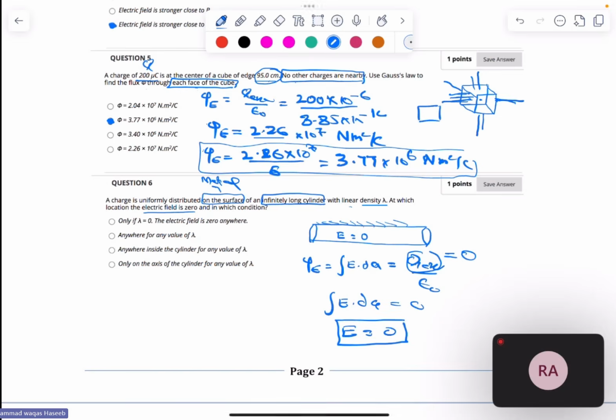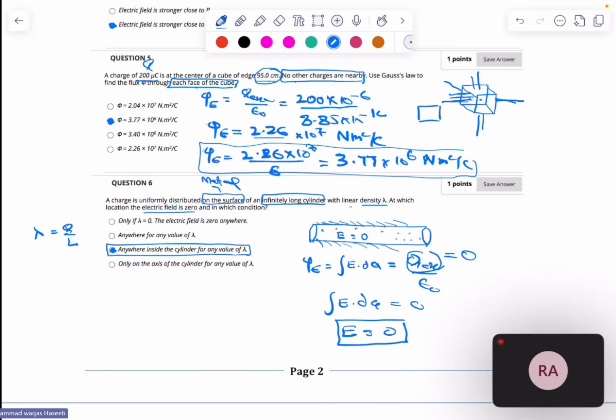So at which location is the electric field zero? The electric field anywhere inside the cylinder, for any value of lambda, because lambda is the linear charge density, the charge per unit length, which is on the surface only. So inside there is no charge, which means the electric field inside is zero at every location.